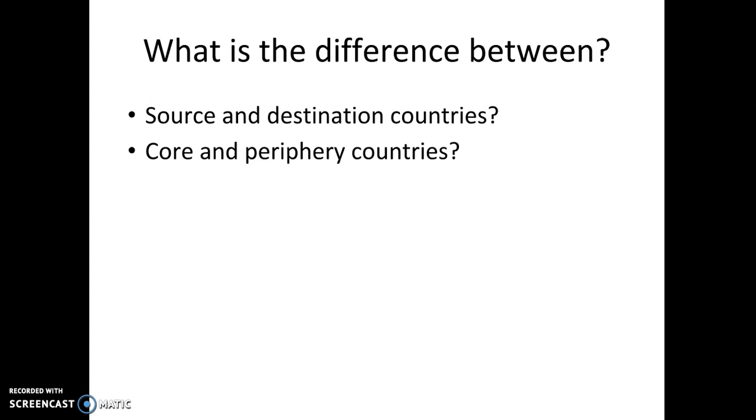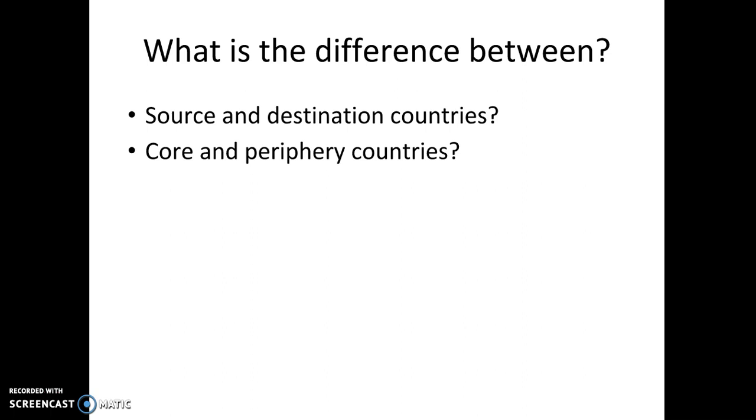Core and periphery correspond to development stage and demographic transition, and also migration patterns. Source countries tend to be periphery countries. Periphery means they're on the outside, the outskirts. Periphery are LDCs. Periphery are stage 2 countries. So source countries tend to be stage 2, which tend to be LDCs, which tend to be periphery countries.